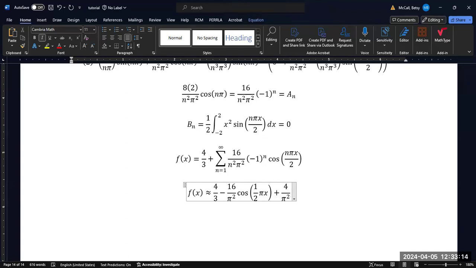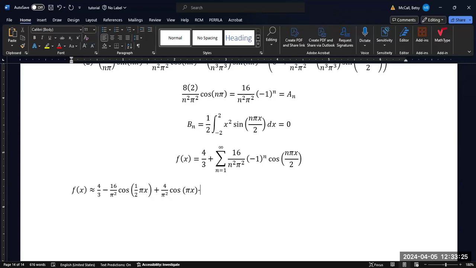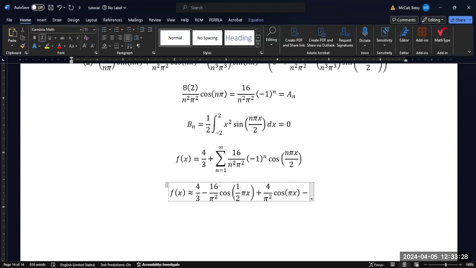It's positive because we're flipping sign. And then when n is 2, we'll just get cosine of pi x. And then minus 16 over 9 pi squared cosine of 3/2 pi x.